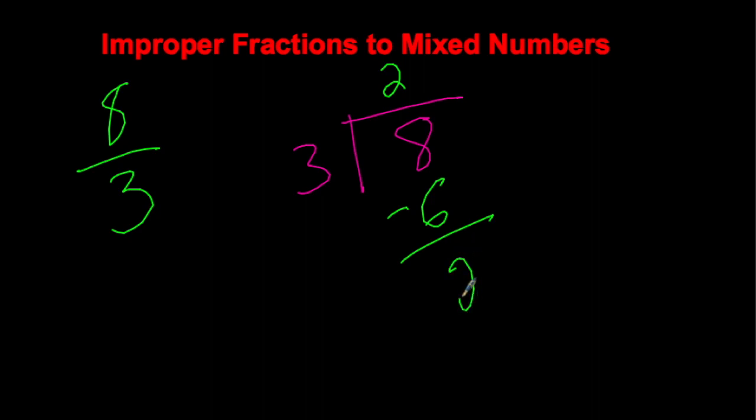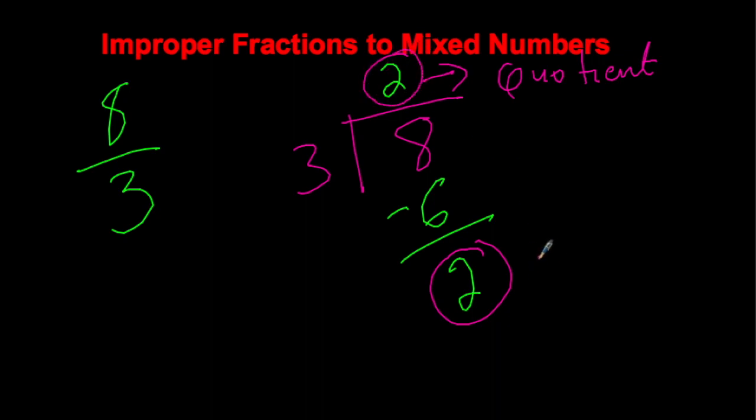Subtract. This is 2. So remember, this number right here is the quotient. This number is the remainder. And this is the divisor.